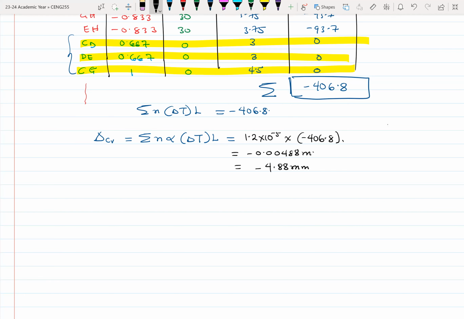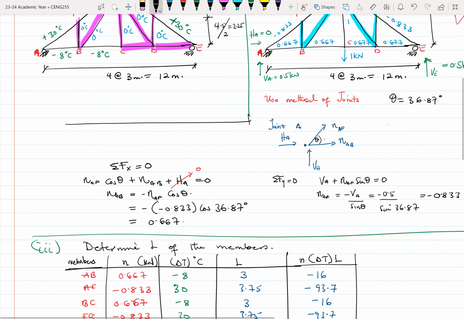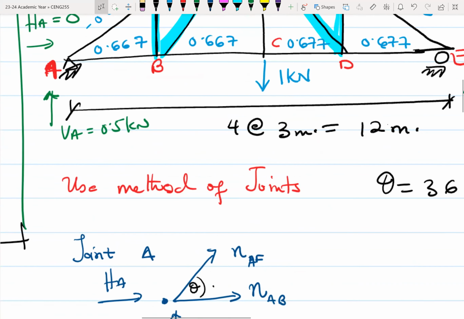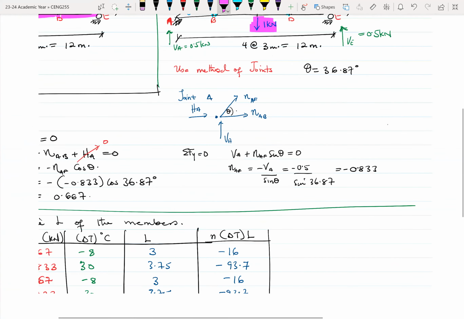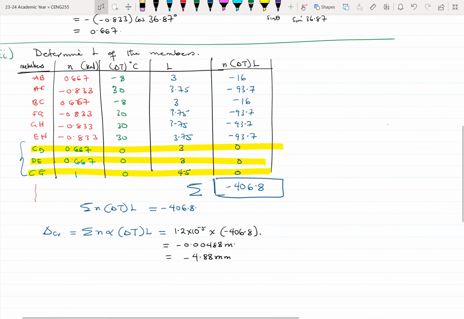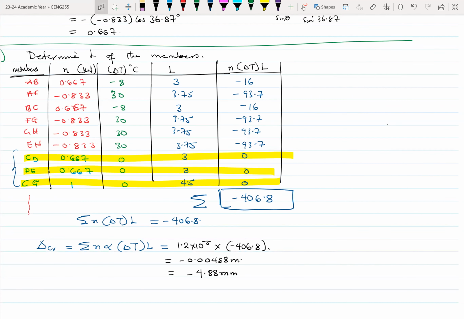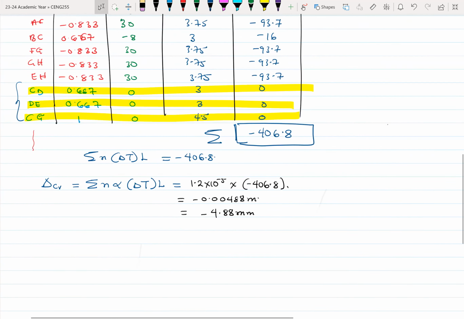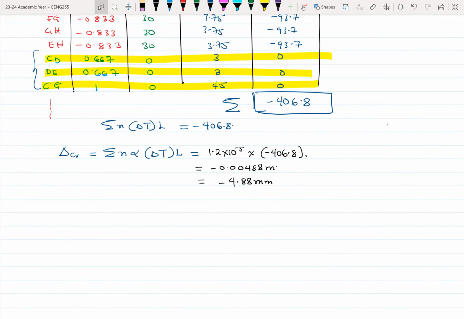All right. So here we are getting a negative value. Okay. We initially assumed that our displacement is downwards. But in this case we got a negative value. What this simply means is that our displacement in reality is actually occurring upwards. All right. So you can maintain your answer this way, it is fine.